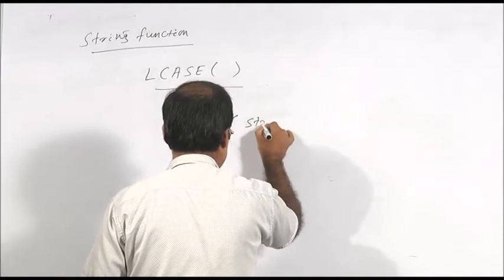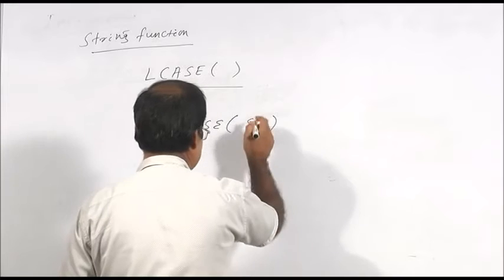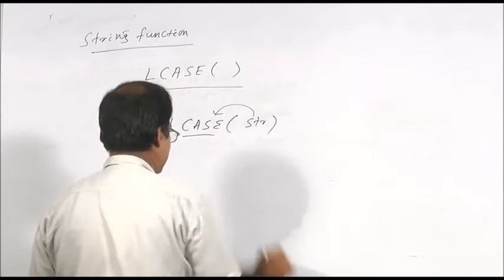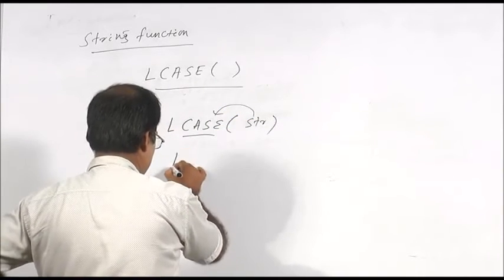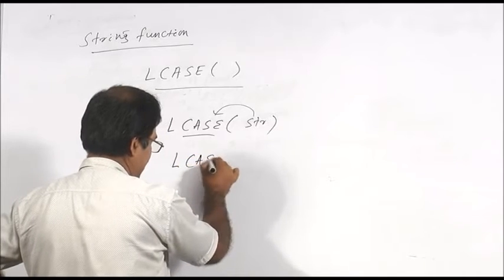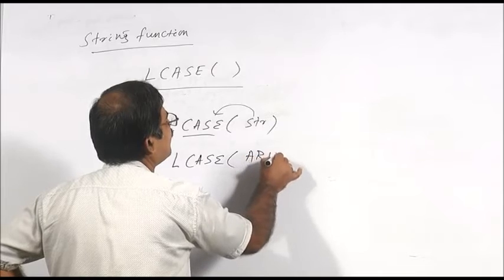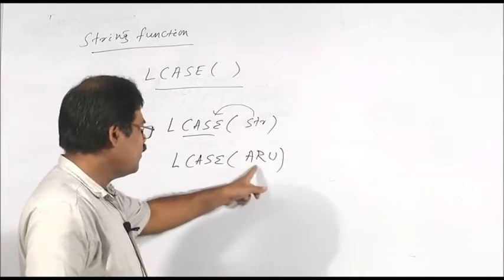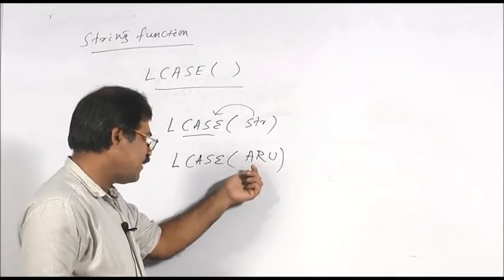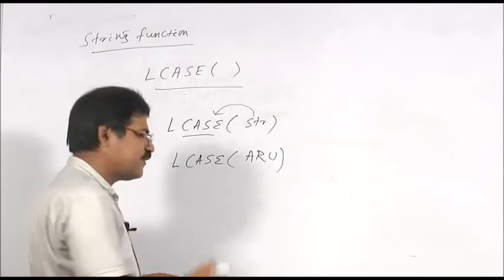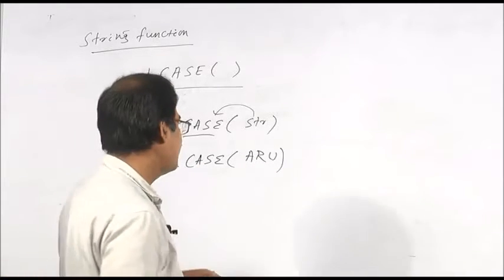Whatever string you write will be transformed into lower case. Suppose the example is LCASE of ARU. Now ARU is in capital letters, so this function will change it to lower case, meaning small letters. So what is your output?